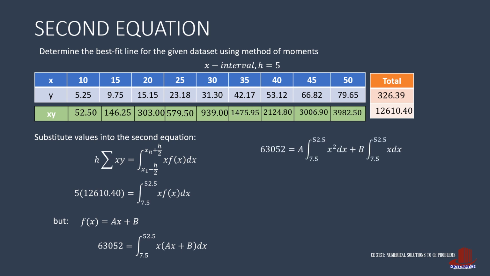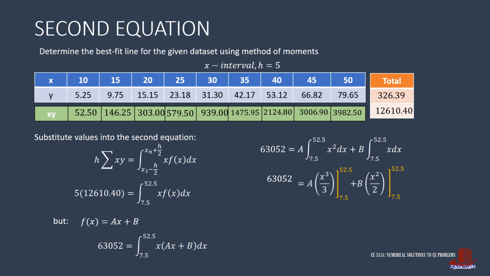Multiply terms and distribute integrands to have x squared dx and x dx. After integration, we take a with x cubed over 3 and b with half of x squared. Both terms have limits from 7.5 to 52.5.